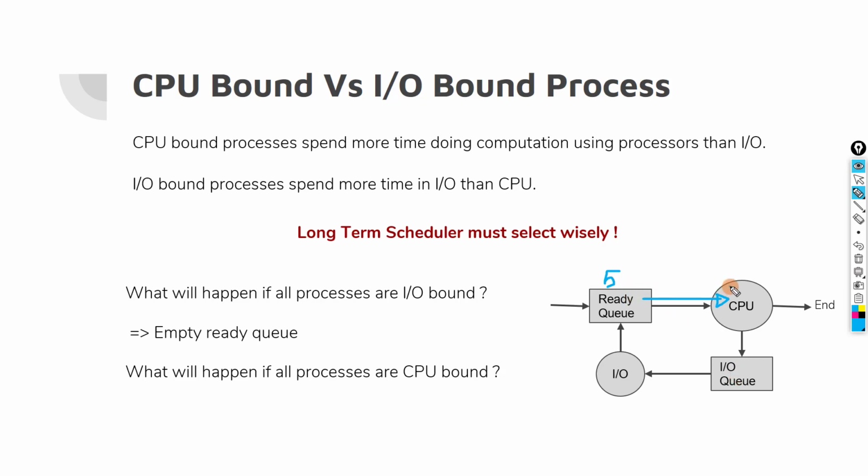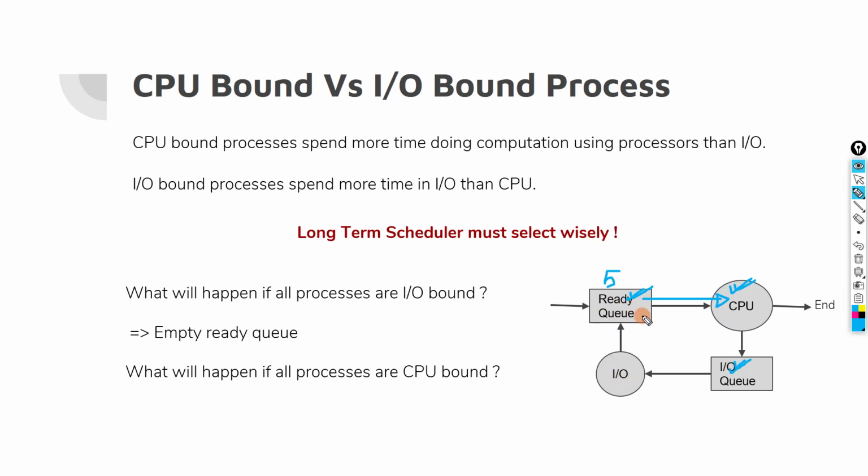So one process executes here and the other 4 wait here. When this one goes out, then from the leftover 4, another process comes here. So in this way the execution goes on. No process comes to the IO queue for IO devices because all are CPU bound.